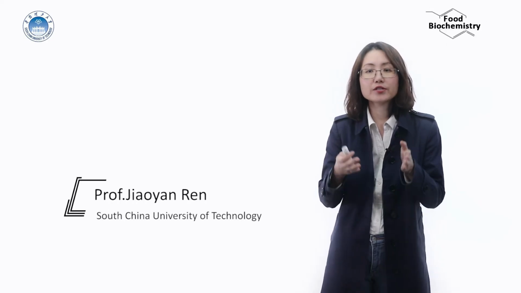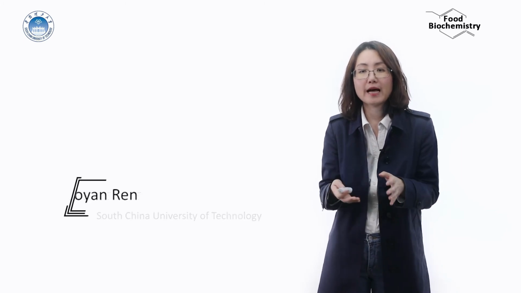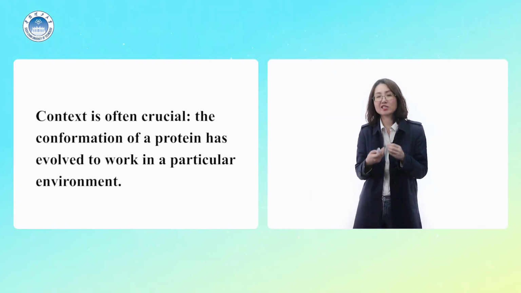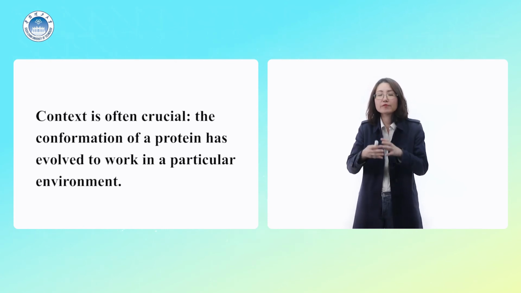Tertiary interactions between residues that are far apart in the sequence may be decisive in specifying the secondary structure of some segments. So context is often crucial. So the conformation of a protein has evolved to work in a particular environment.